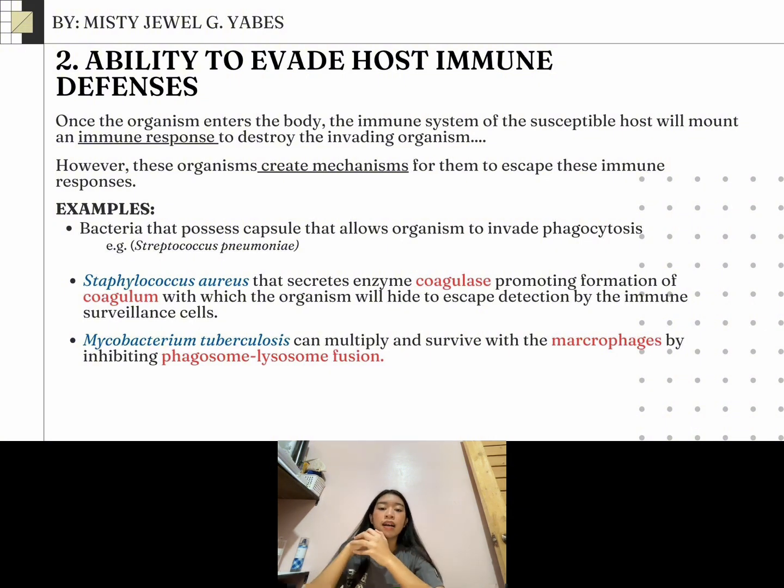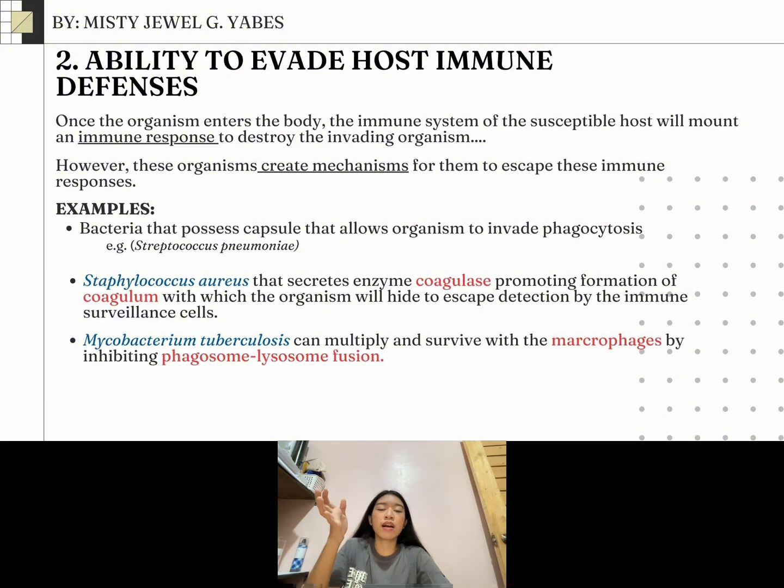Next is the ability to evade, the ability of our invading organisms to evade our host immune defenses. Once our invading organisms enter our body, the immune system of our susceptible host responds by activating immune responses against the invading organism.